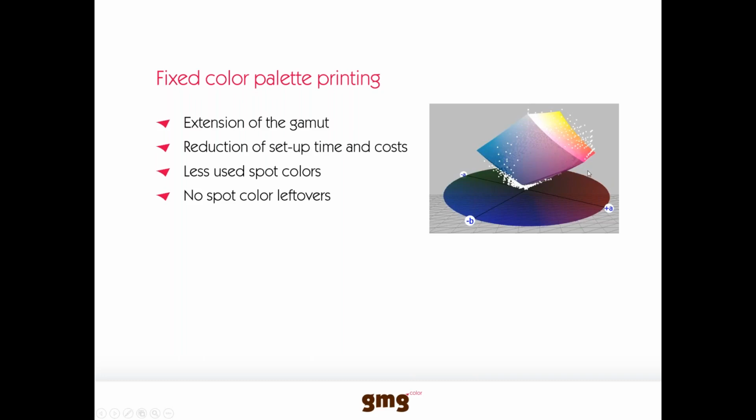The color body here is ISO Coated v2, which is still quite an industry standard these days, especially in packaging printing. The agencies normally send their files with that profile. And the white spots you see behind, above, and below it are an ECG gamut. So you have areas where you can reproduce much more of the Pantone book, for example, than with just ISO Coated. That's the reason for the first topic here, why we may want to print with a fixed color palette.